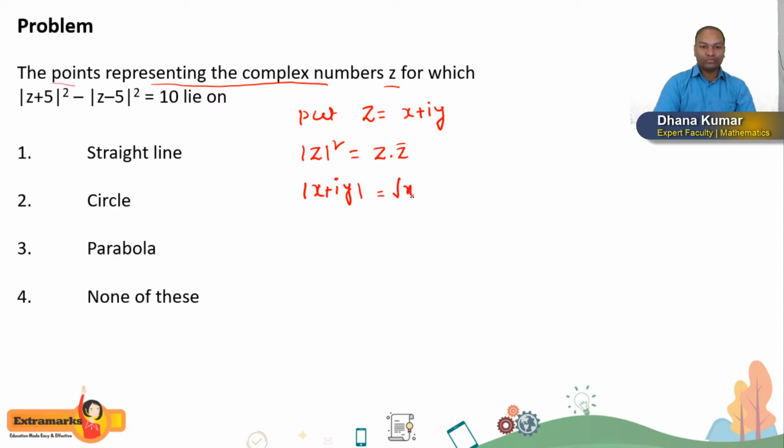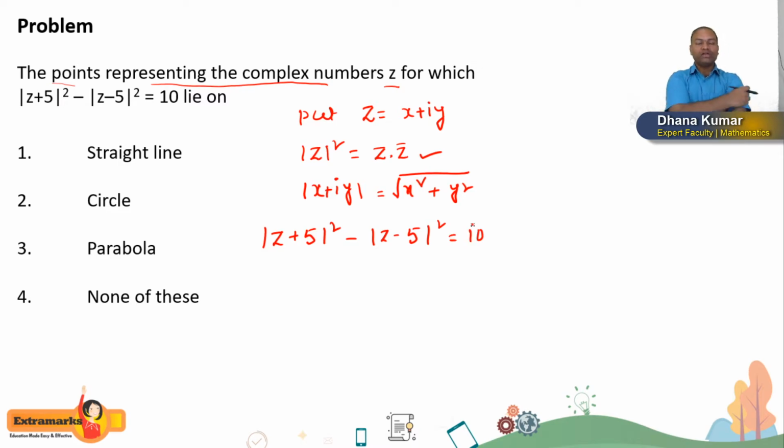Root of x square plus y square. Understood my point? Using this formula also we can find it out. Okay, right, let us come to this question. Anyhow, I am using this formula, just observe. What about our question? Modulus of z plus 5 whole square minus modulus of z minus 5 whole square is equal to 10. Okay, so what I told, mod z square can be written as z into z bar.